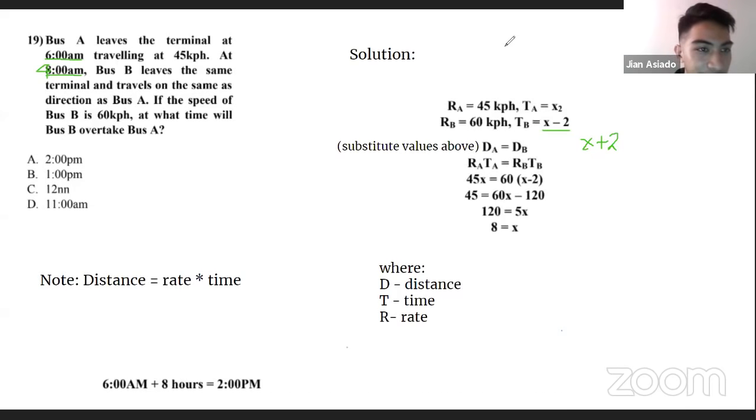Okay, so far those are the only questions for algebra. So let's move on to the next topic na. We're gonna go to geometry. Shift lang ako sa gilid.